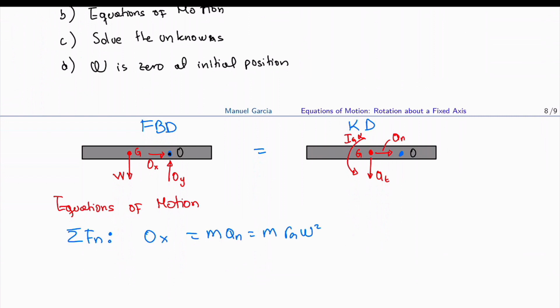So what is omega at the initial point? 0, right? So from this equation, we have that OX equal to 0.